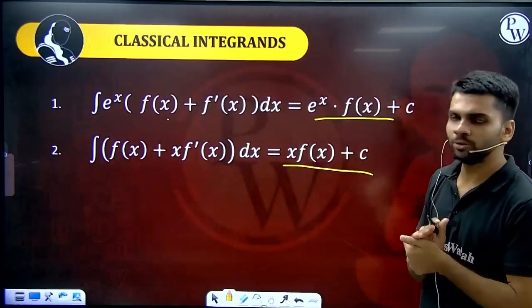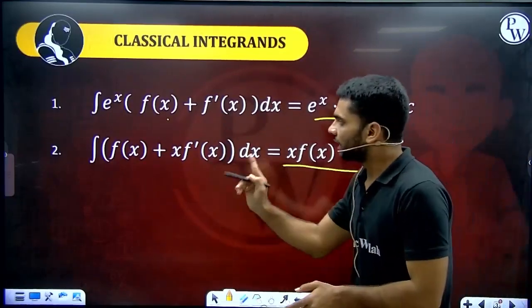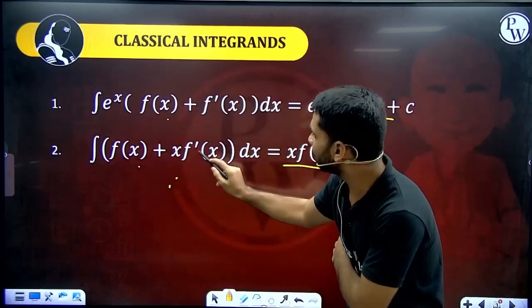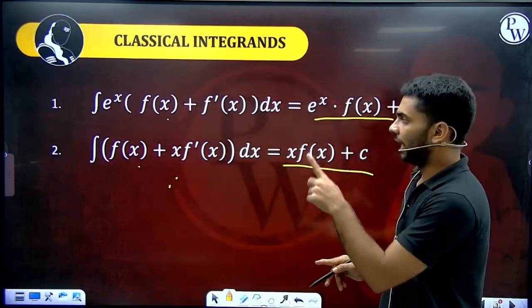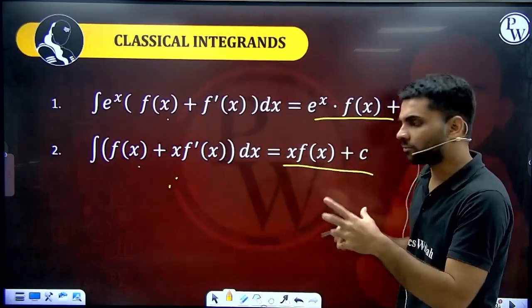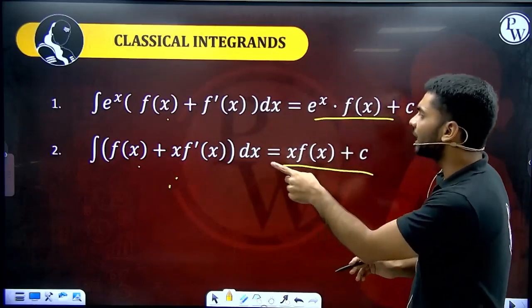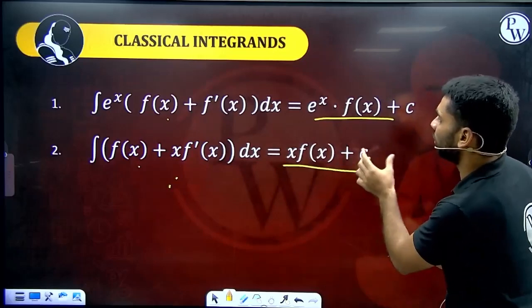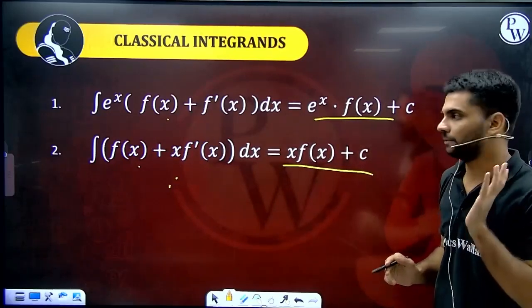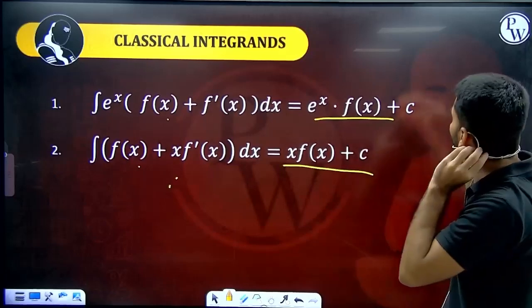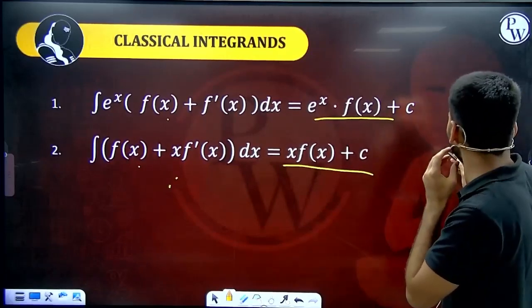Please note it down. And now the second pattern is f of x plus x into f dash x. If we have to integrate a function of this type, f of x plus x into f dash x, we take its integration as x into f of x plus c. Clear?